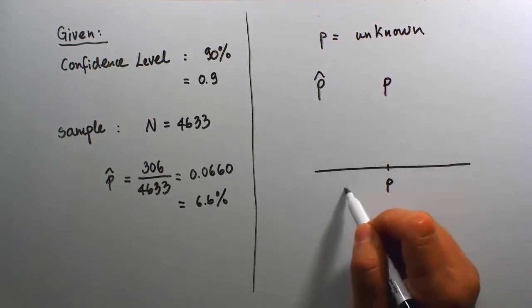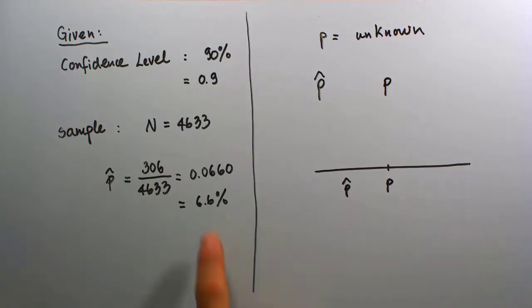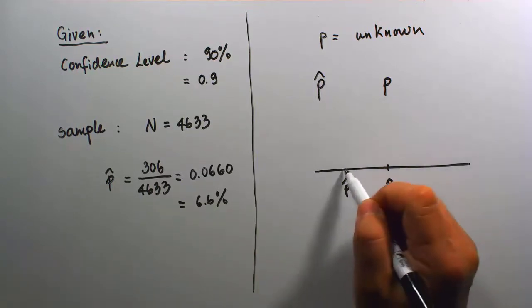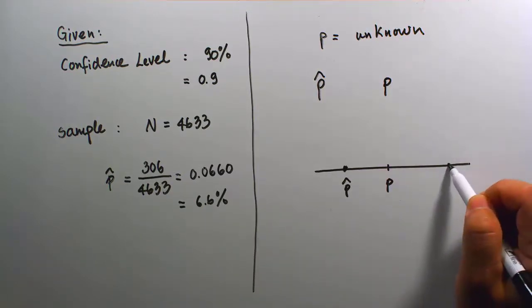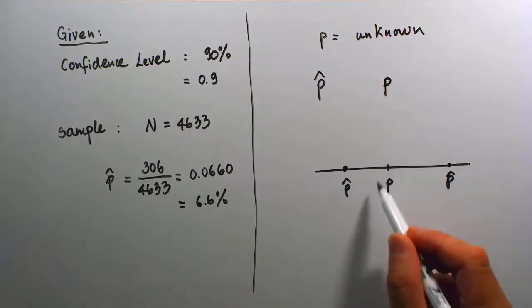Then p hat could be lower than the actual p. So p hat is what we know, but since we don't know p, then the p hat that we have here could still be below, to the left-hand side of p. That's one possibility. Or p hat could be to the right-hand side of p, because in the end, we don't know where p is.